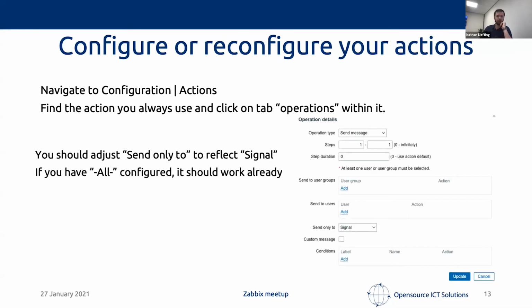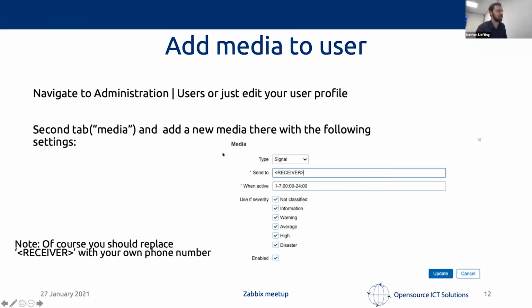Yeah. So going back a few slides, at the media tab for our user, we can already specify, right, if we want to receive every single severity. So for example, if you are waking up from your Signal applications or messages, you could just specify the high or disaster severity if you wanted, and only receive those types of problems from your Zabbix frontend in your Signal application.